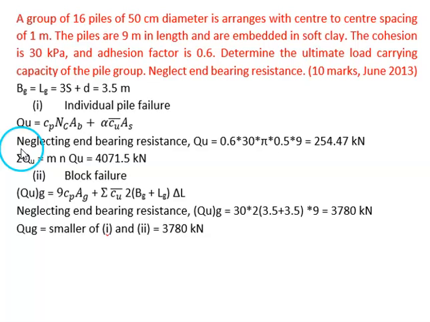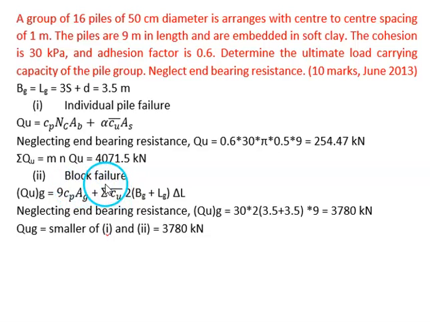Since it is mentioned to ignore the end bearing resistance, we should consider only the frictional component, which is equal to alpha into Cu bar into As. Then we have to find the sum of capacities of all the piles, which is equal to capacity of a single pile multiplied by the number of piles, which is 16.